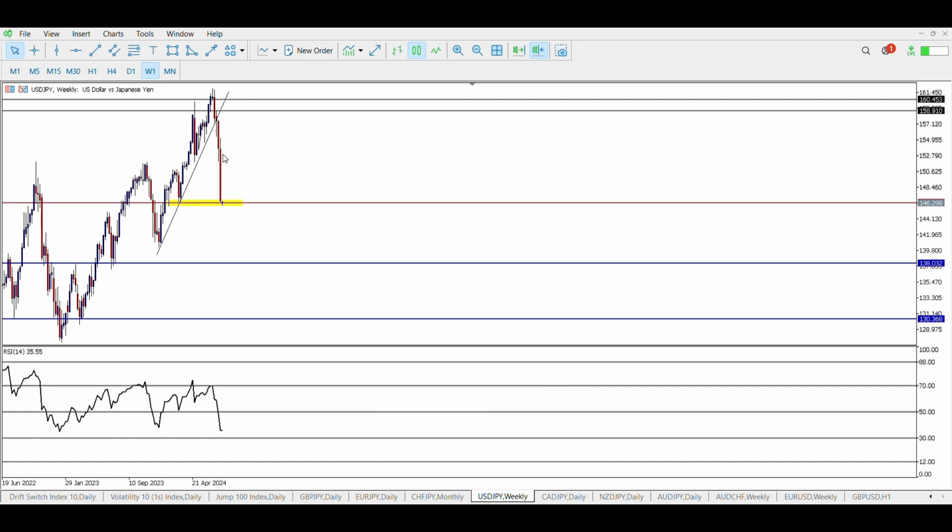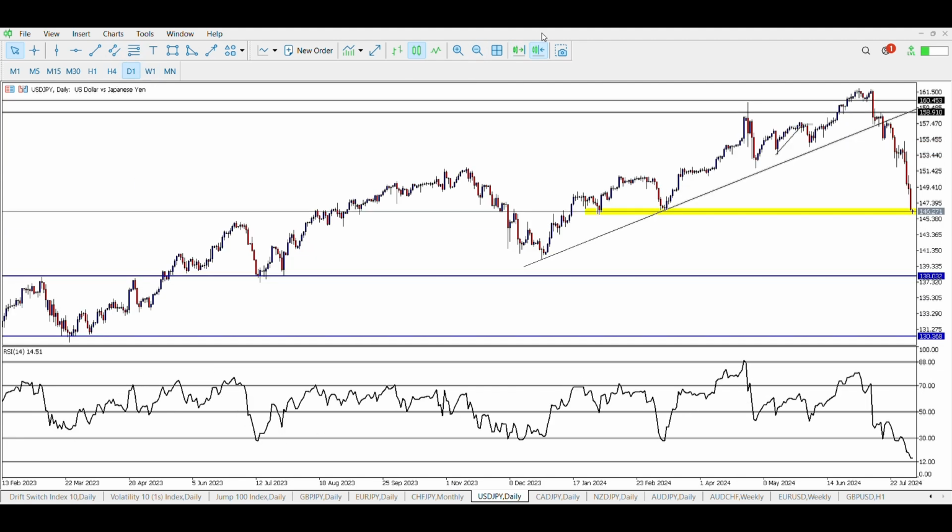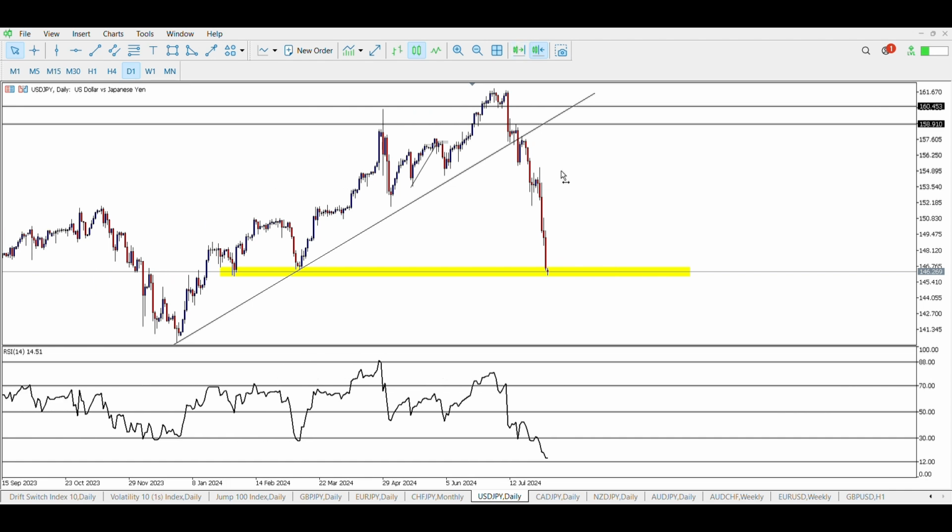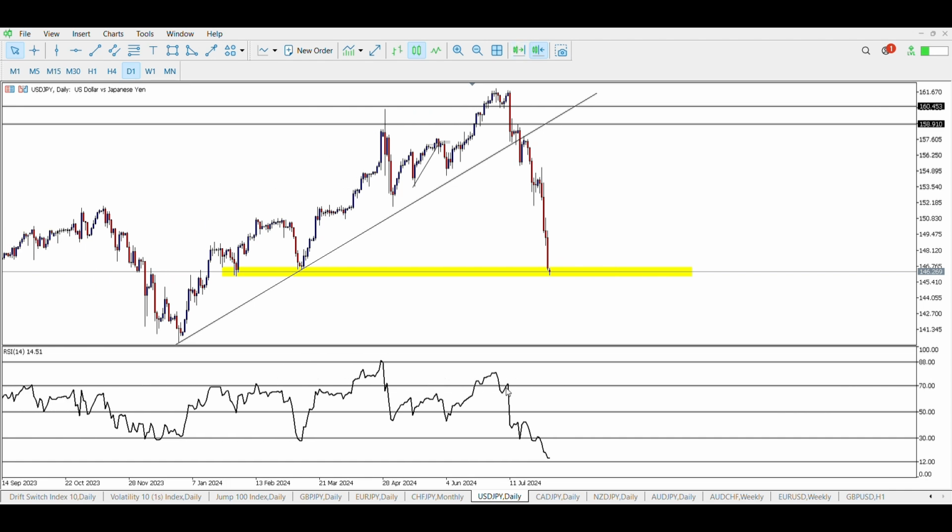All right, but we have to be careful, because if you look at the RSI on the daily, let's just go back to the daily. If you look at the RSI on the daily, this market is well and truly oversold. Right here the RSI line is way below the 30 level.